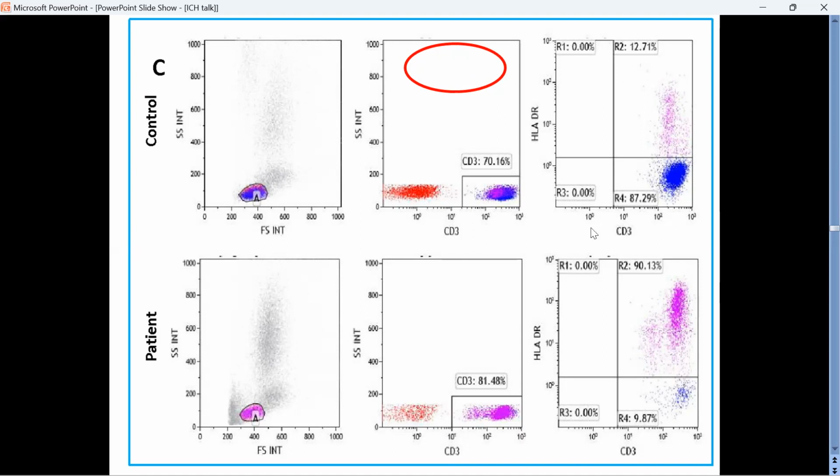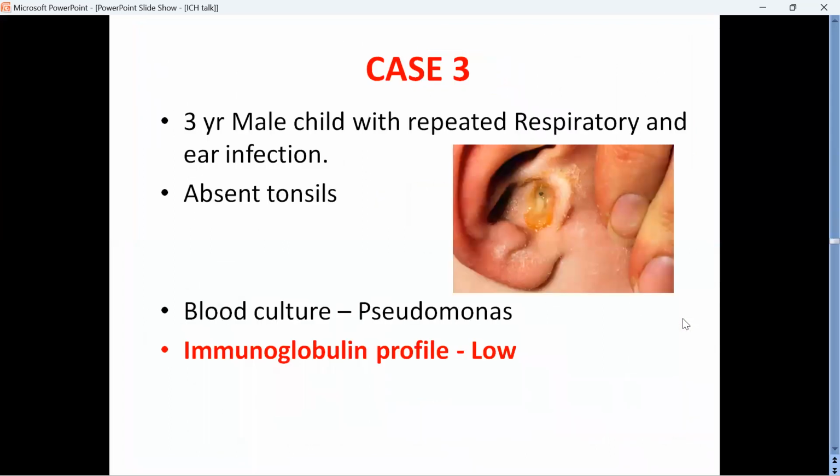Okay, so this is a classic Omenn syndrome where you find a very abnormal T cell expansion, which are autoreactive and functionless. They show more of a memory phenotype instead of naive. The naive cells are reduced and they show increased positivity to activation markers. So the second case is a typical Omenn syndrome.